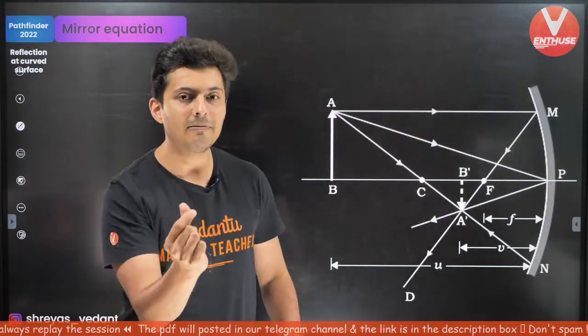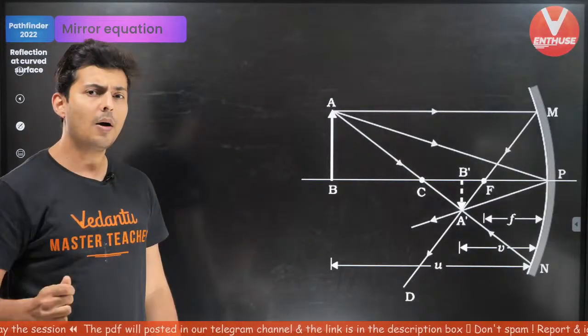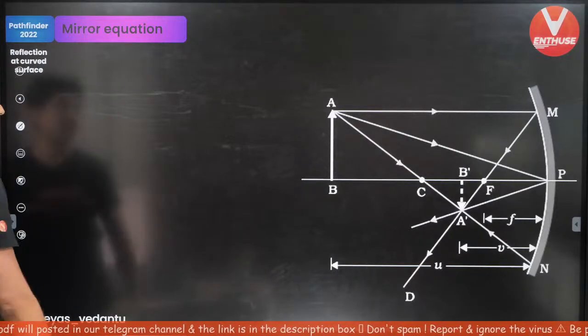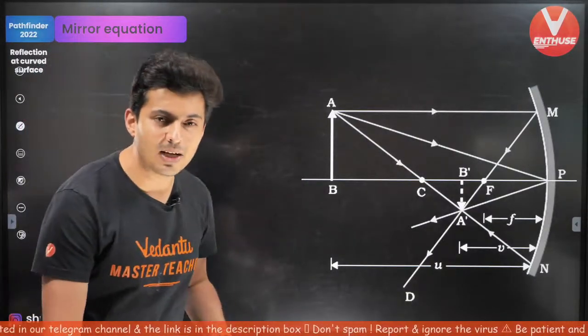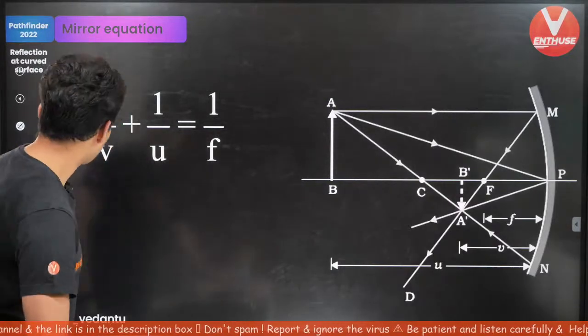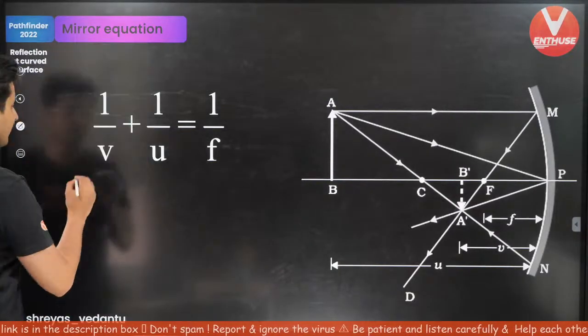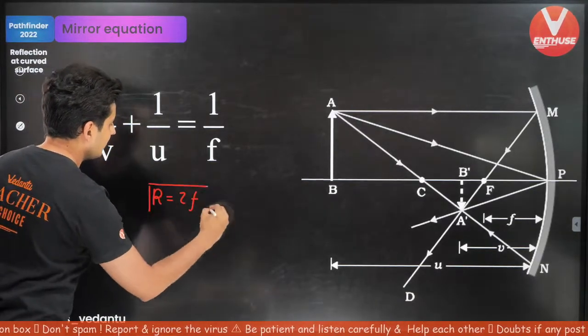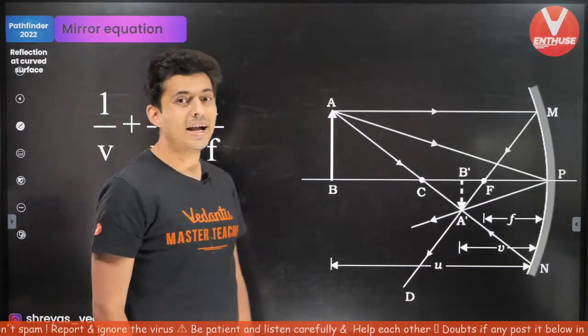So the mathematical way is done via the mirror formula. And what is the mirror formula? It is 1/v + 1/u = 1/f. As simple as that. And remember this again, R = 2f.